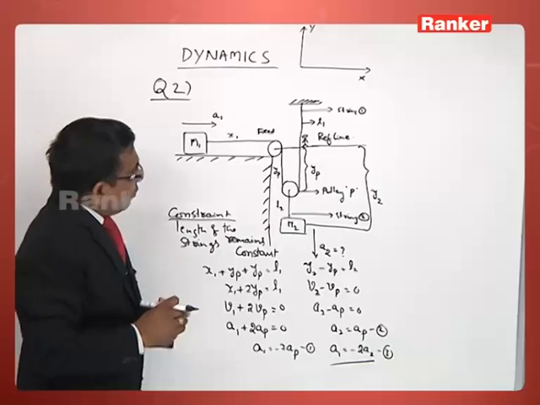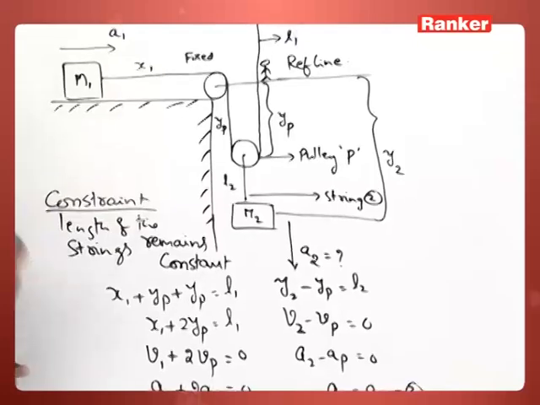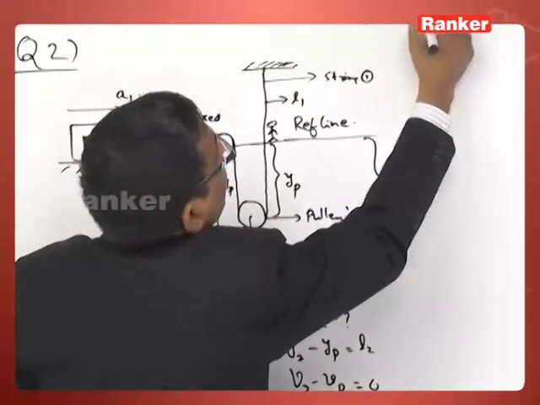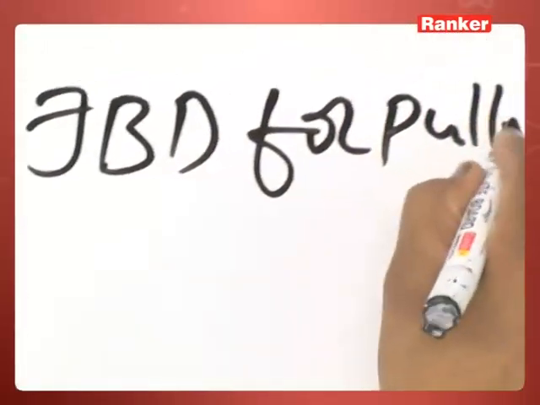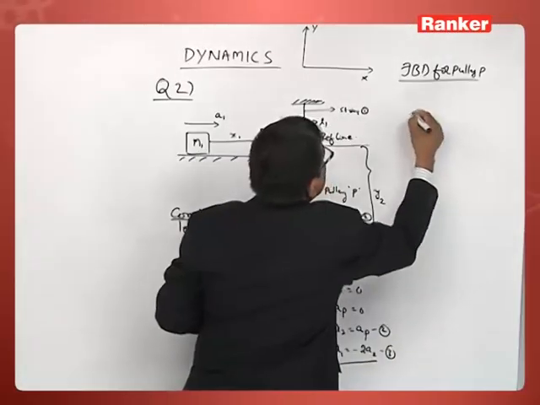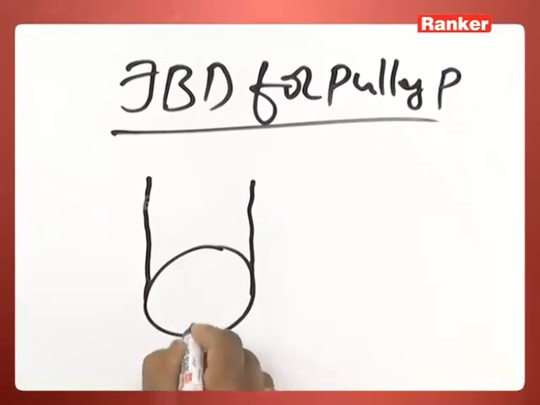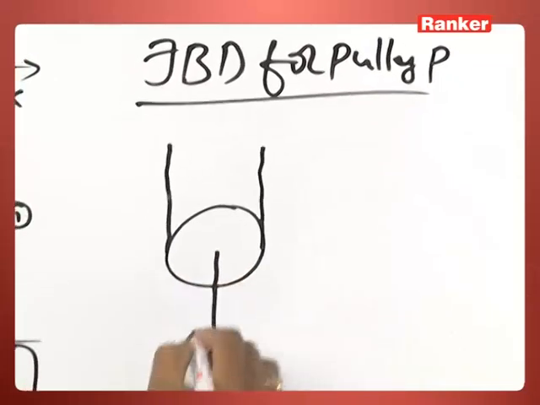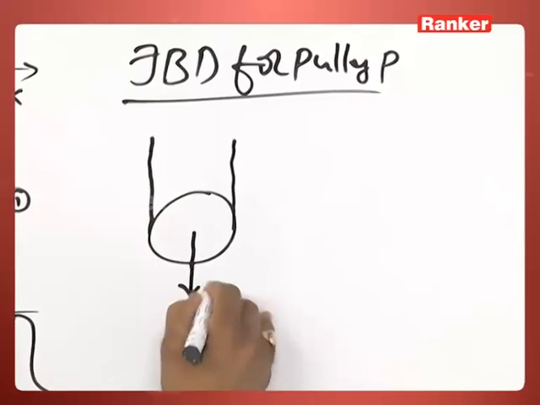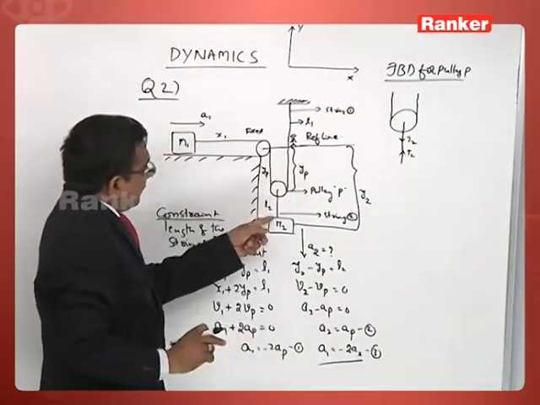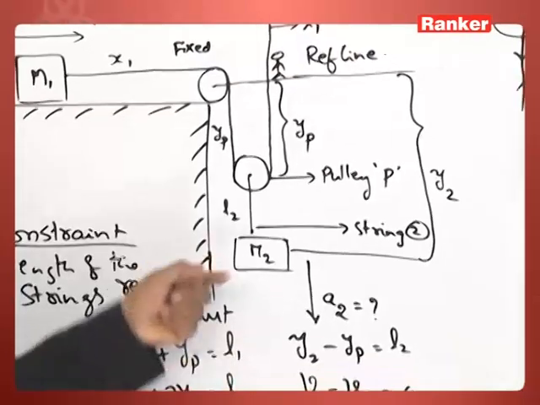To calculate A2, here we have to see the tensions and the forces that are acting on different bodies. Let us start with the pulley. Let us draw a free body diagram for the pulley. This is the pulley. It is held by two strings, and a string is hanging like this, and here a tension T2 will act along the string, because at the end of this a block M2 is hanging, so its weight is hanging down.